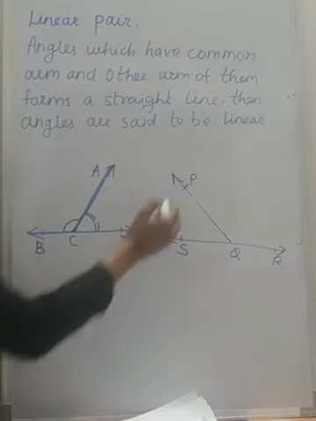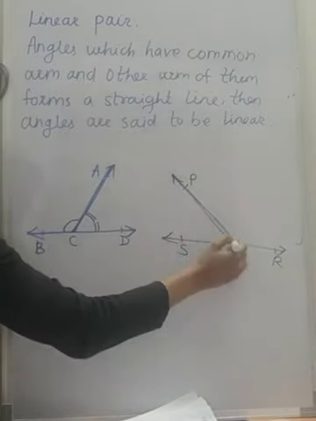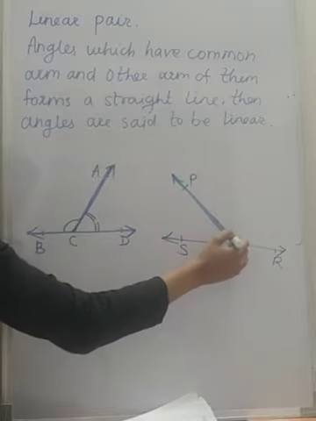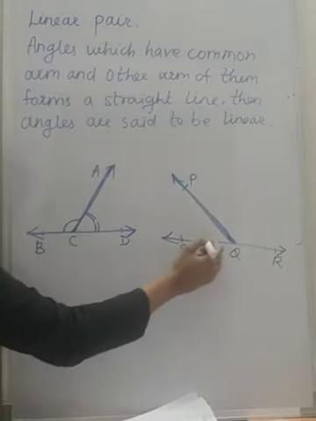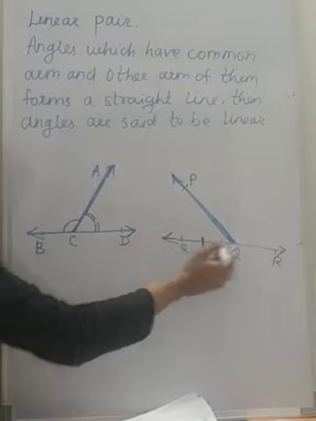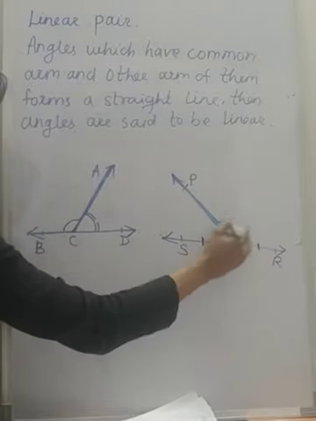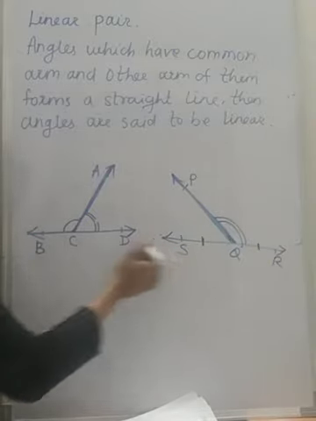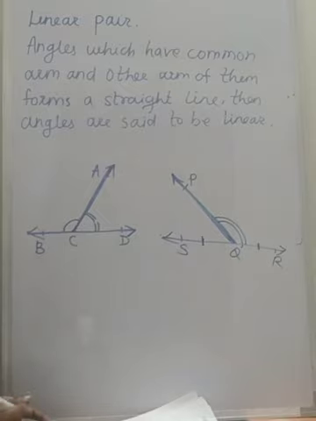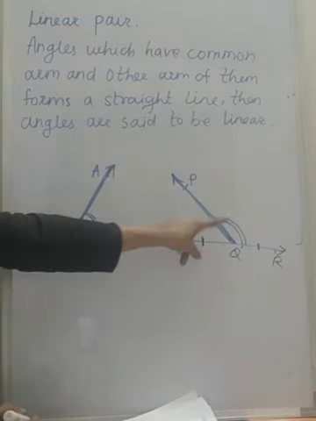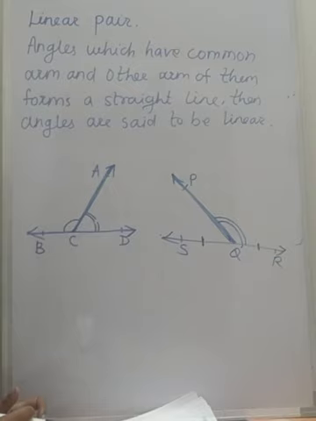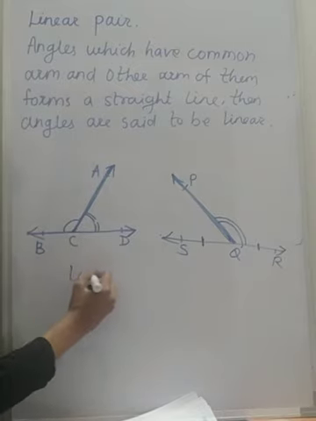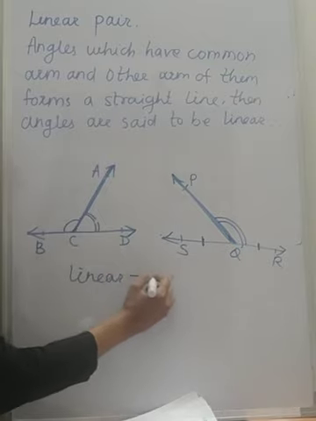Similarly here, this arm is common between two angles, and the second arm of this and the second arm of this angle make a straight line. Such angles are called a linear pair. Linear means line, along the line.